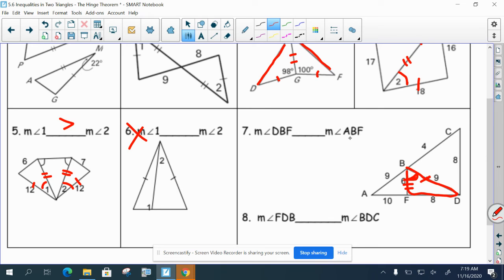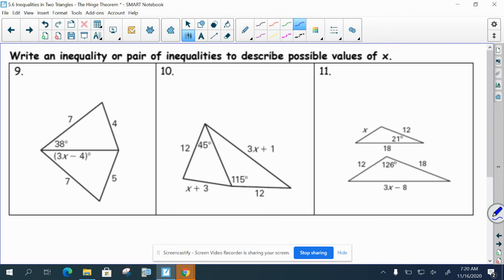And then angle ABF. So then you've got 9 here and 6 here. Okay, so we do have the Hinge theorem, the first part of it, that two sides of one triangle are congruent to two sides of another, and we're comparing their included angle. So since 8 is less than 10, then this angle is going to be less than the other one. All right, so I think you've got the idea.